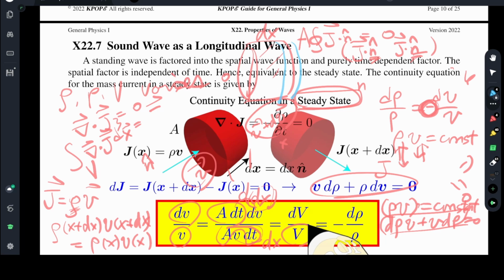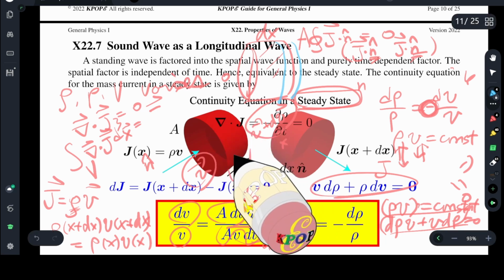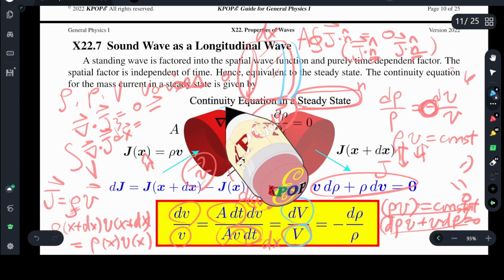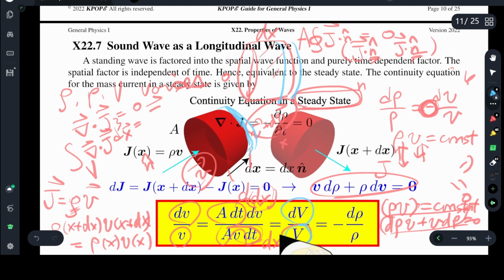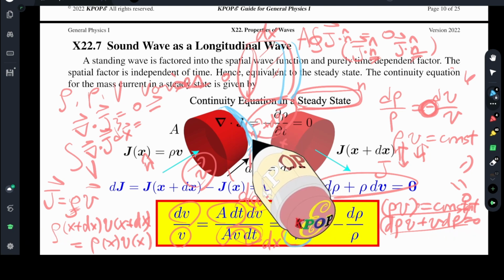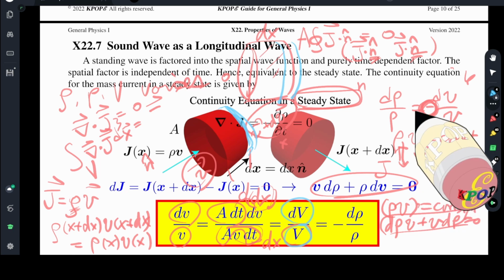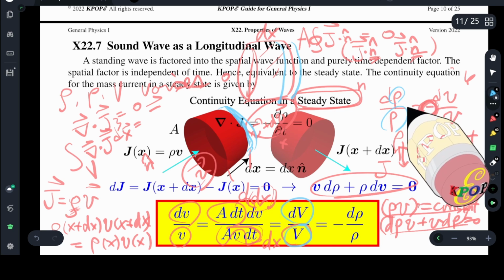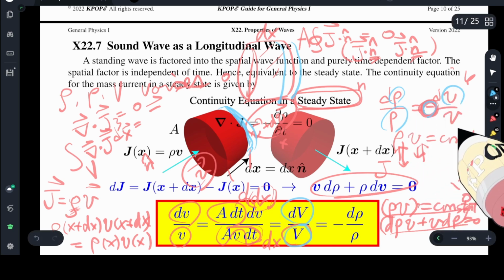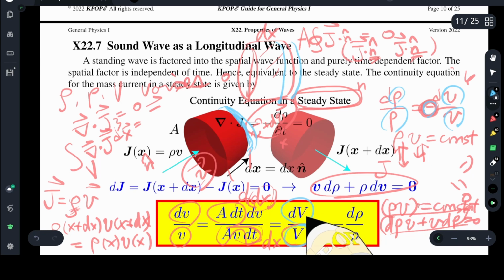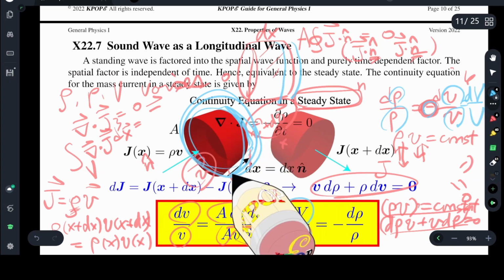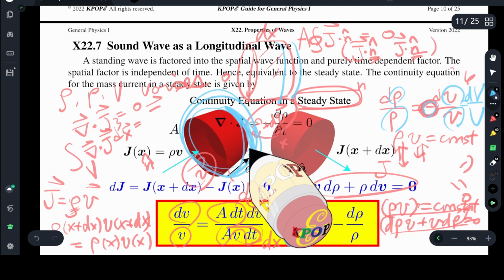So the change in volume divided by the total volume inside the cylinder is equivalent to the change in density, which is opposite to the change in velocity. That is a slight change.